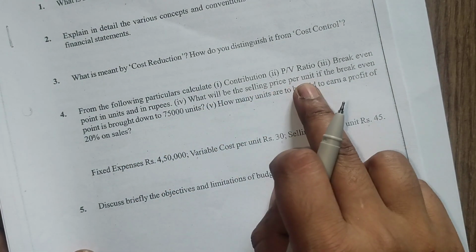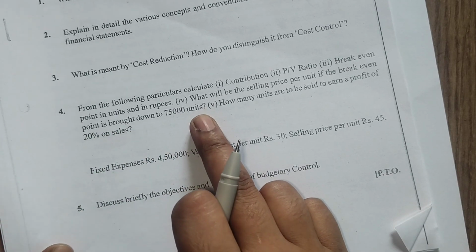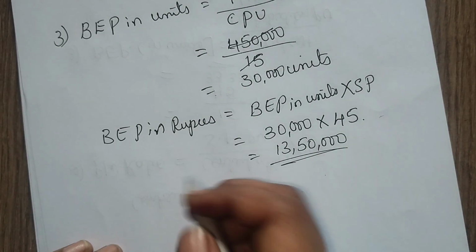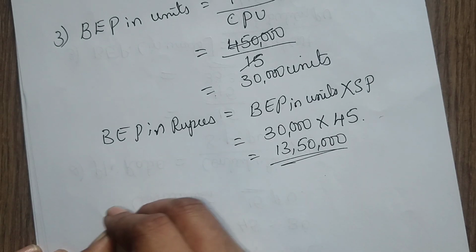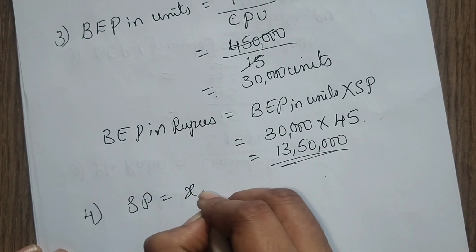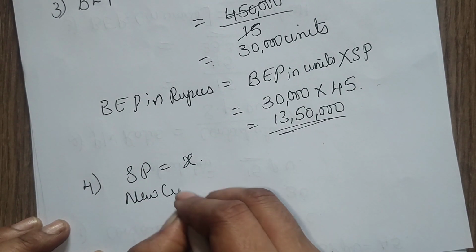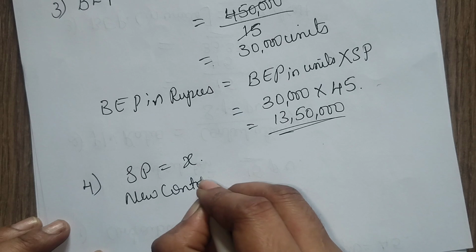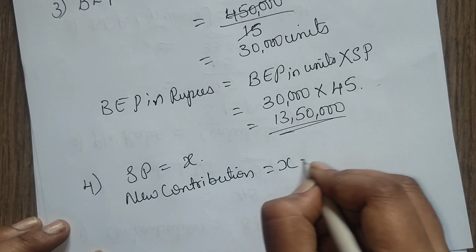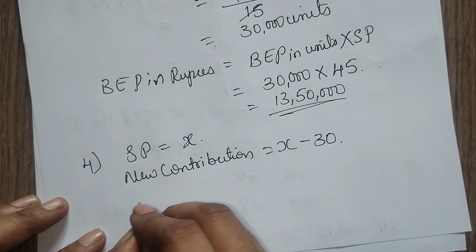what will be the selling price per unit if the break-even point is brought down to 75,000 units. Selling price, let us keep it as X, and new contribution, selling price minus variable cost, X minus 30.